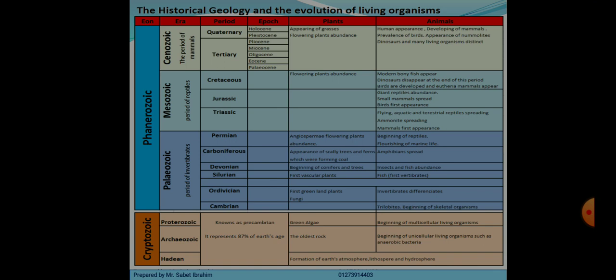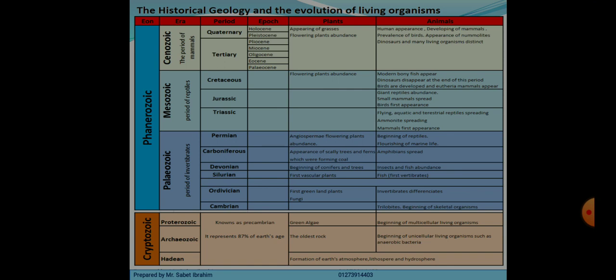This is the historical chart, or the geologic times chart. Here is the Cryptozoic. It has three eras: Hadean, Archeozoic, Proterozoic, and this period is known as Precambrian.